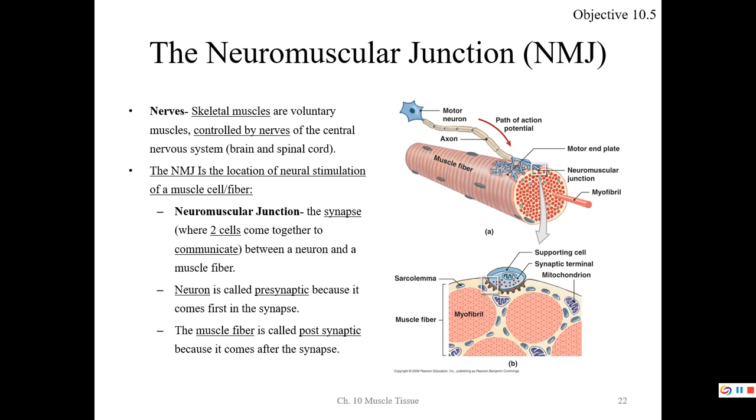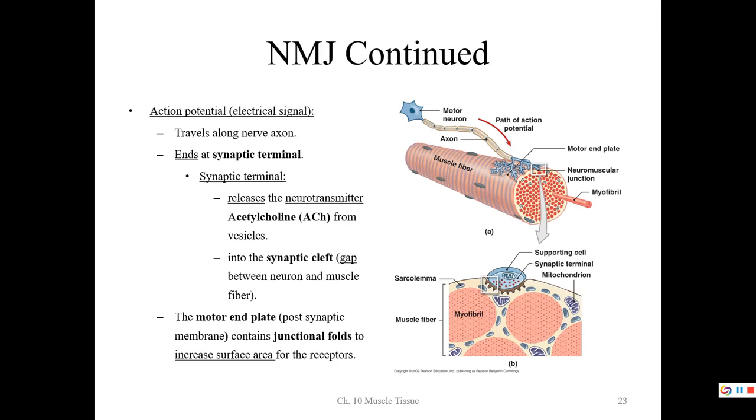All right. Now, when we look at the NMJ, what we're going to be able to see is the neuron is going to have an electrical signal. We call that an action potential. An action potential is the signal a nerve sends. Okay? It's kind of like what happens when a cable sends an electric current down the cable to a spark plug in your car to make the cylinder fire and the piston move.